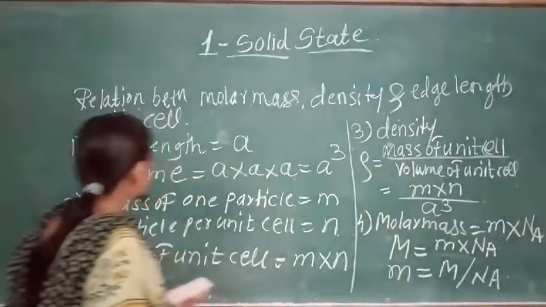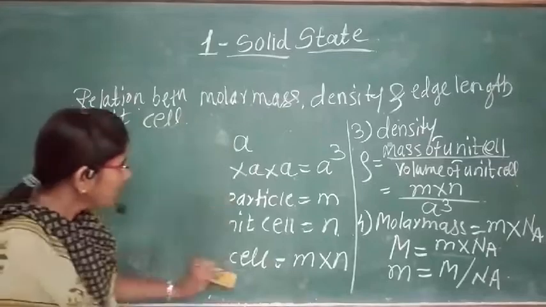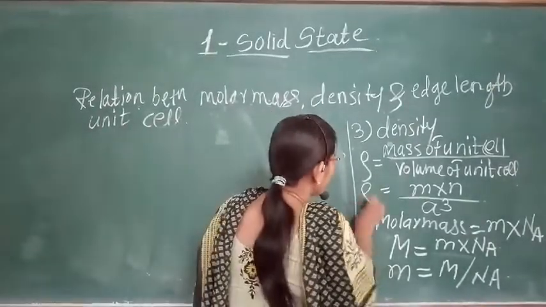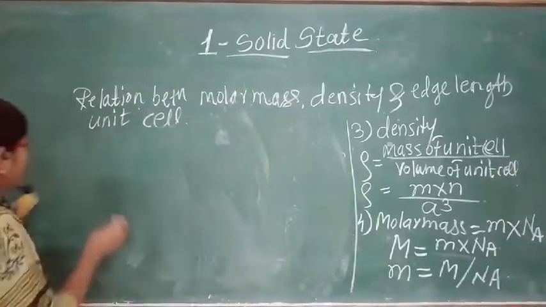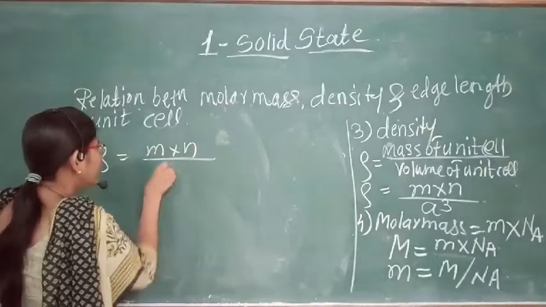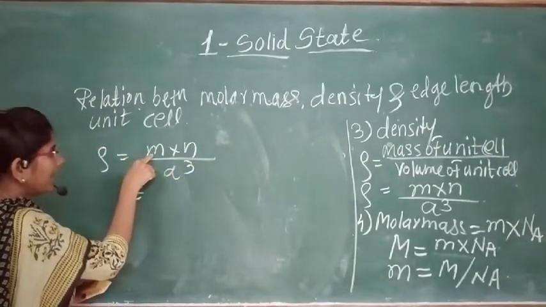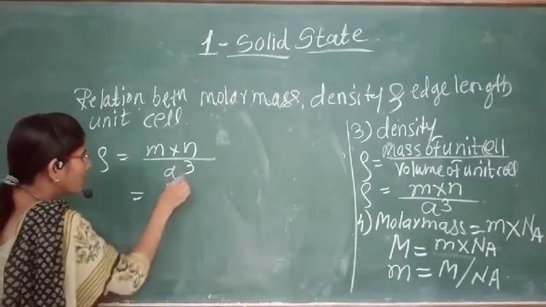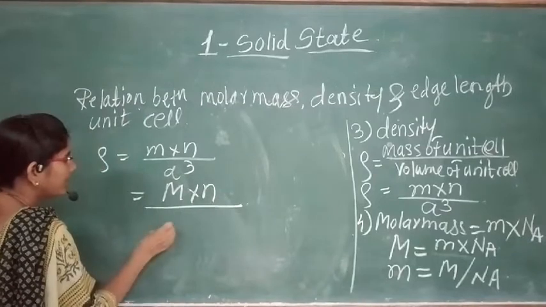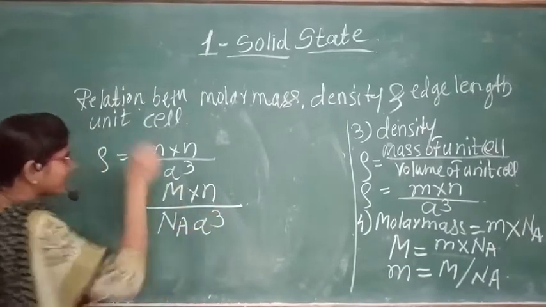So in the next step, what do we have to do? We have to put the value of small m in this equation of rho. Here rho is equal to m into n divided by A cube. But what is m? Small m is equal to molar mass divided by Na, with n and A cube as they are.